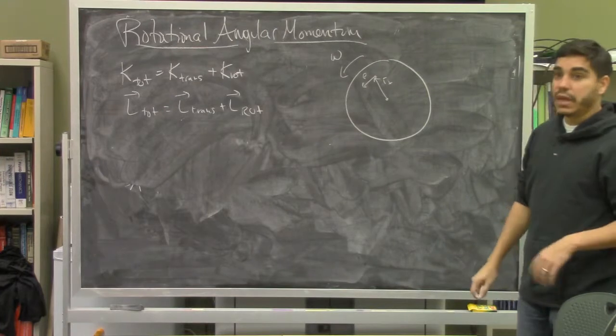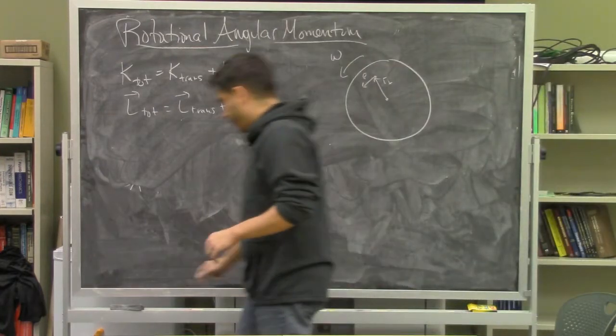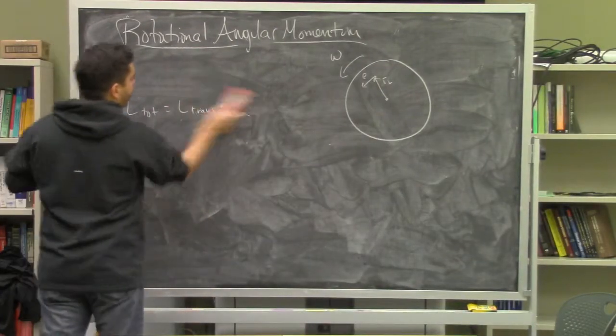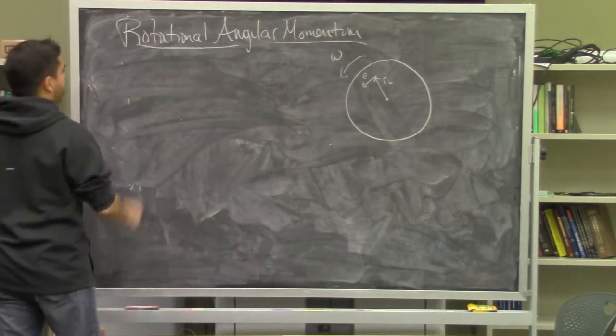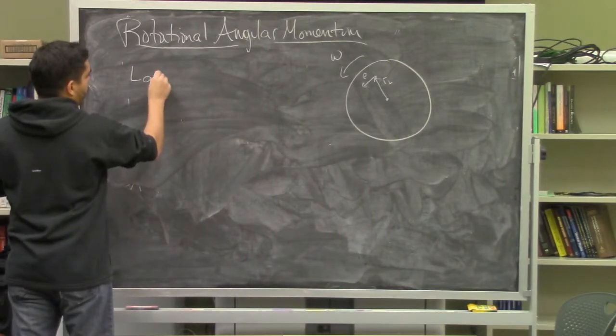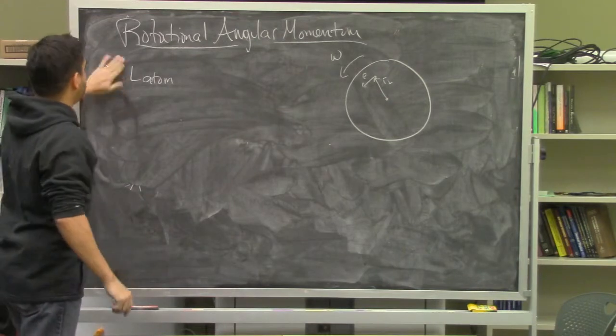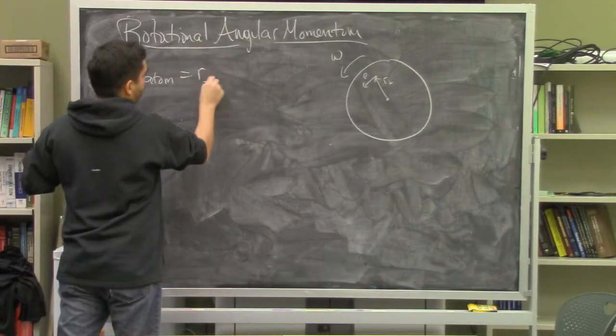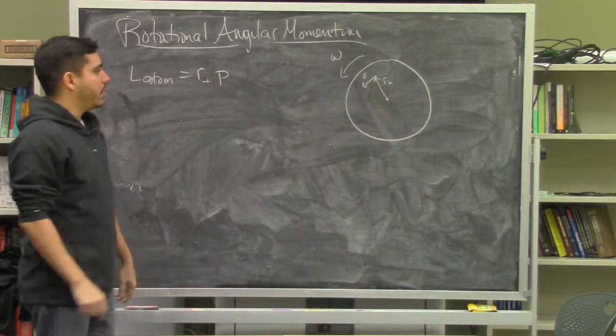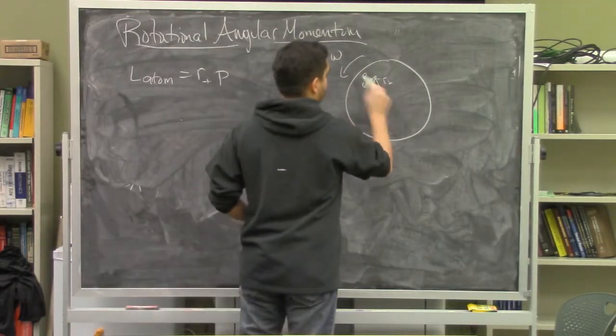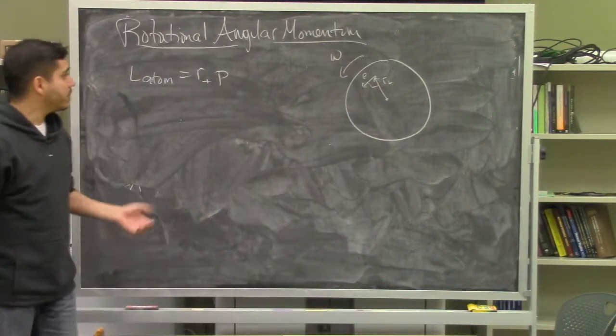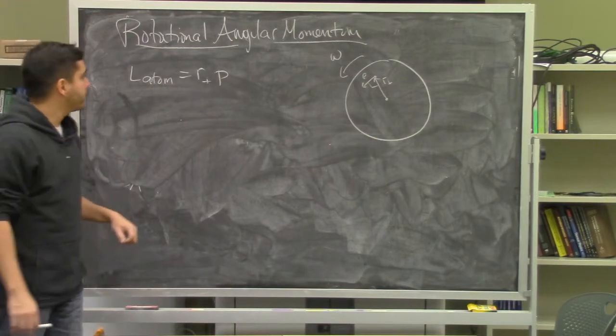And we're going to calculate what the angular momentum of that atom is. So the magnitude of the angular momentum of that atom is simply the product of r perpendicular times p. The reason is that these two vectors are perpendicular to each other, so we don't have to worry about the sign of the angle.